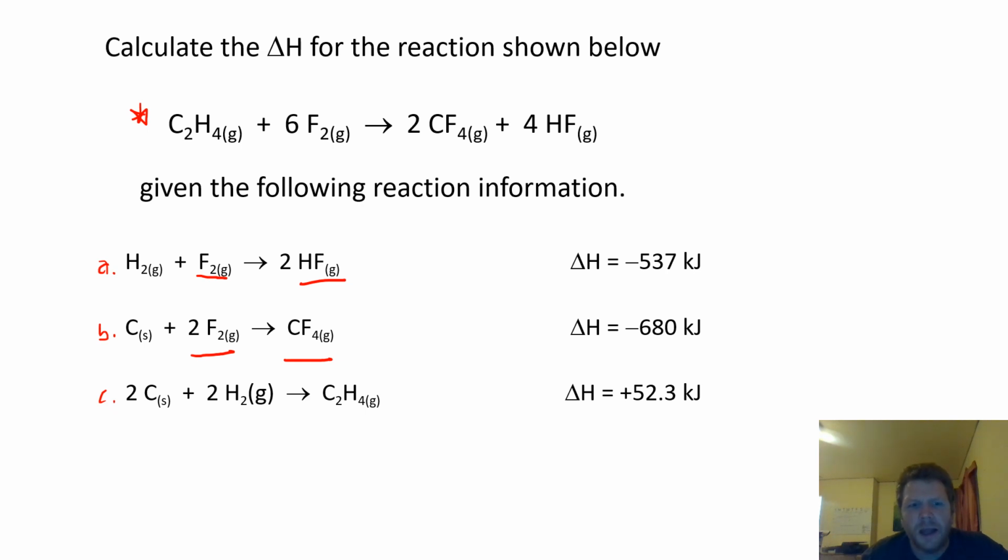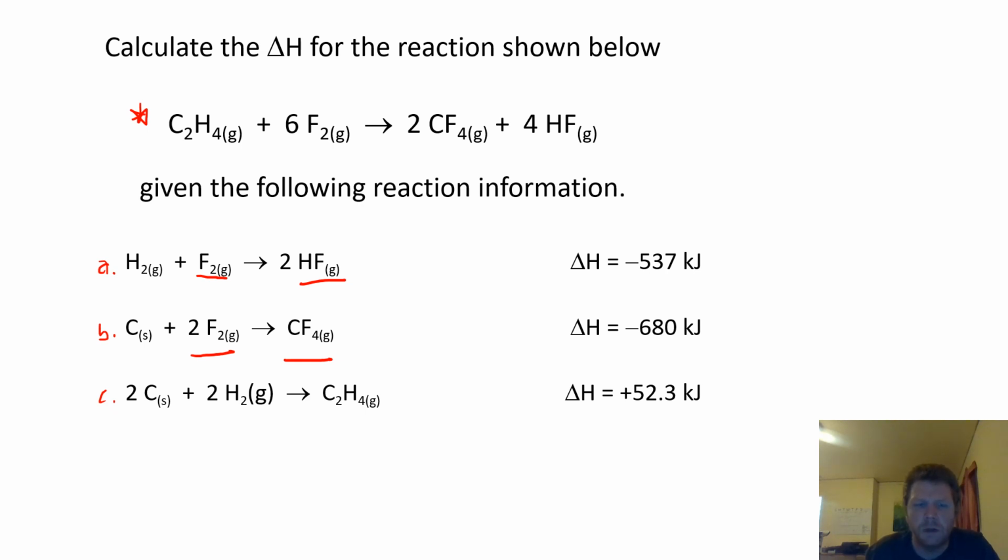Then finally, reaction C has solid carbon alone, which is not a reactant or a product in the overall reaction. And I've got H2 as a reactant, and I've got C2H4. Well, I don't see that H2 anywhere. That C2H4, I only see as a reactant.